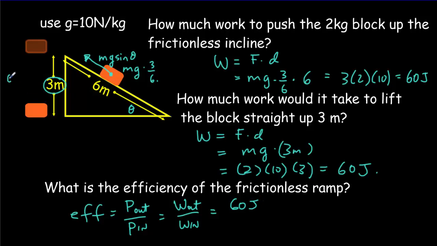The output of our machine is simply the ability to lift up the block straight up. That's what we really want out of our machine. We want to get the block higher. The input is what we've got to do ourselves, and that's to push it along the incline. So we get an efficiency there of 60 joules over 60 joules, or 1, meaning 100% efficiency.